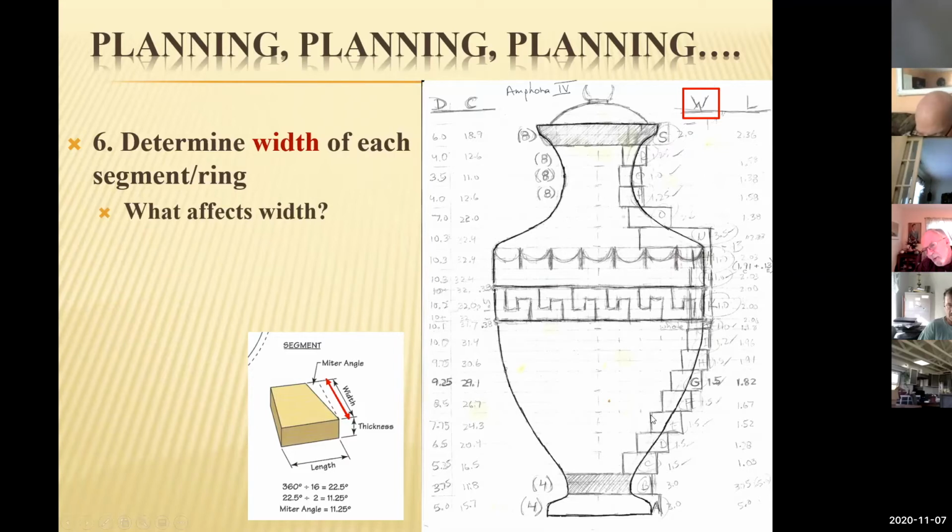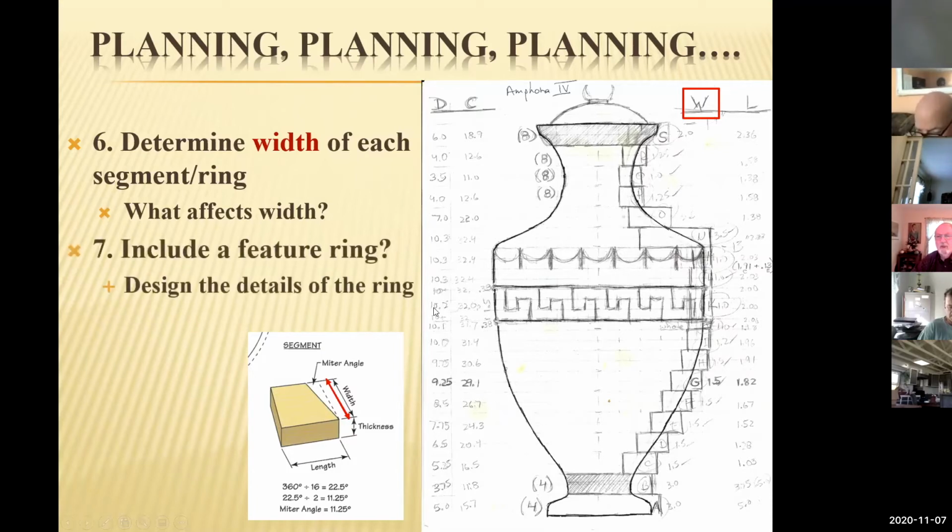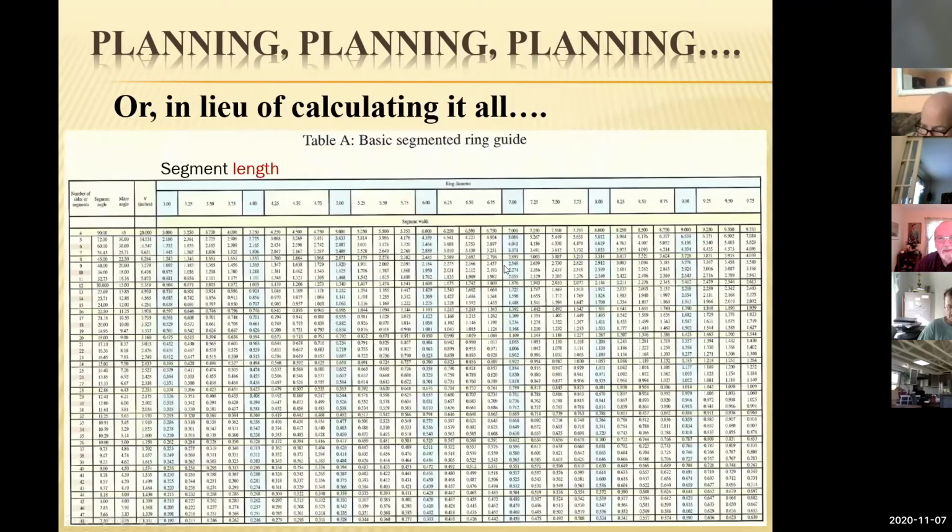Down here, where we've got a bit of a taper, we have to add more, so 1.5 inches for these guys. Right here, the shoulder, where it dives in, the width would be, I think, 3.5 inches. So the width depends on where it is in the overall design and the angle that it's going to be subjected to. Then if you're going to include a feature ring, you have to lay out all the details for that, and we'll talk about that in a few minutes.